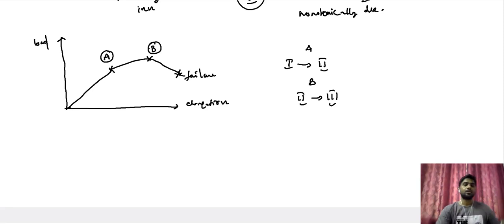Again, the reason we call this particular representation to describe the mechanical behavior of material is because it includes both the mechanical condition and also the response. So it gives us the complete picture of the mechanical behavior of materials.